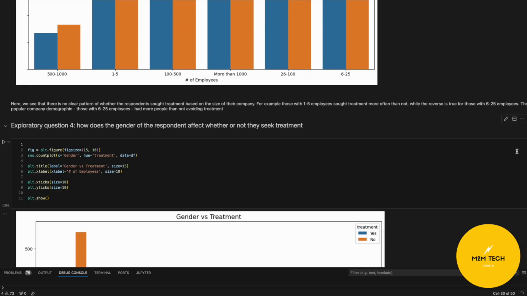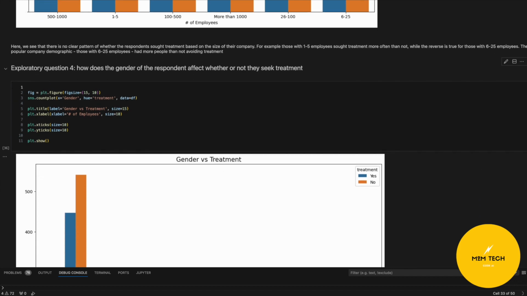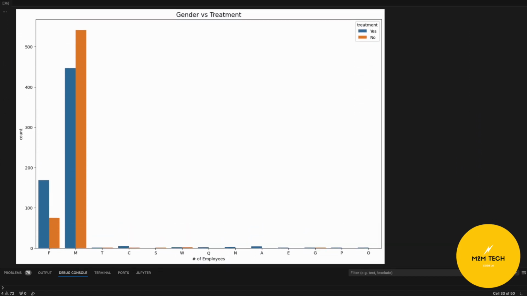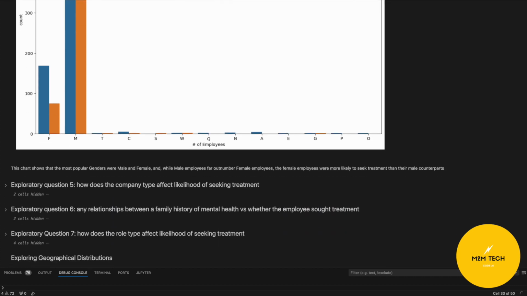The next question is, how does gender affect whether or not they seek treatment? The two most predominant ones are male and female. While males outnumbered the females a lot, females were much more likely to seek treatment for mental health issues.